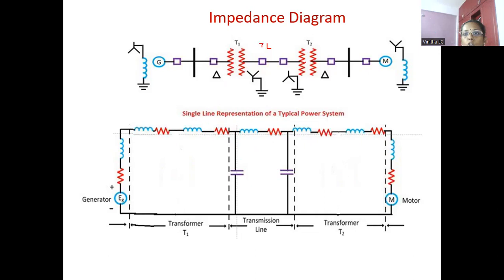And then the next component is a transmission line, which again consists of a reactance and the resistance value. And then finally, we have transformer T2 and then a motor. For the motor circuit, we will have a reactance value as well as resistance. So this is the impedance diagram for this single phase, single line circuit.